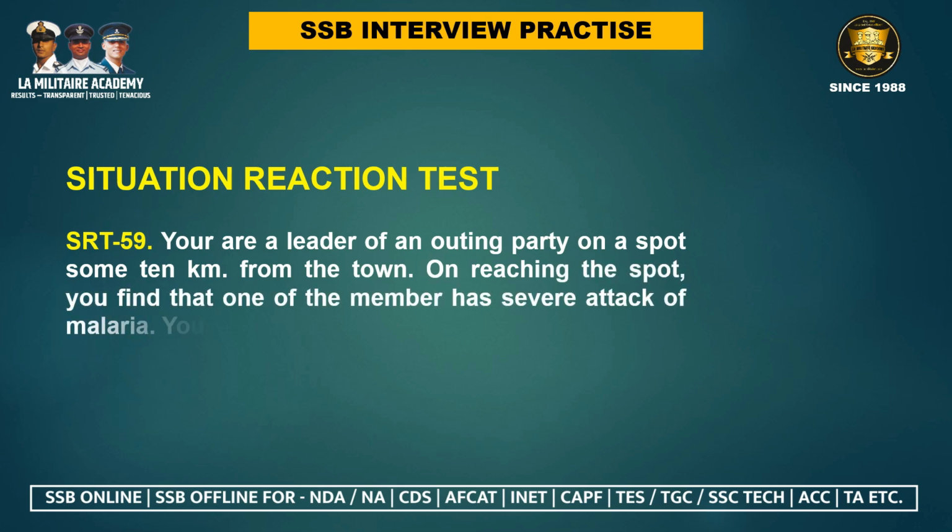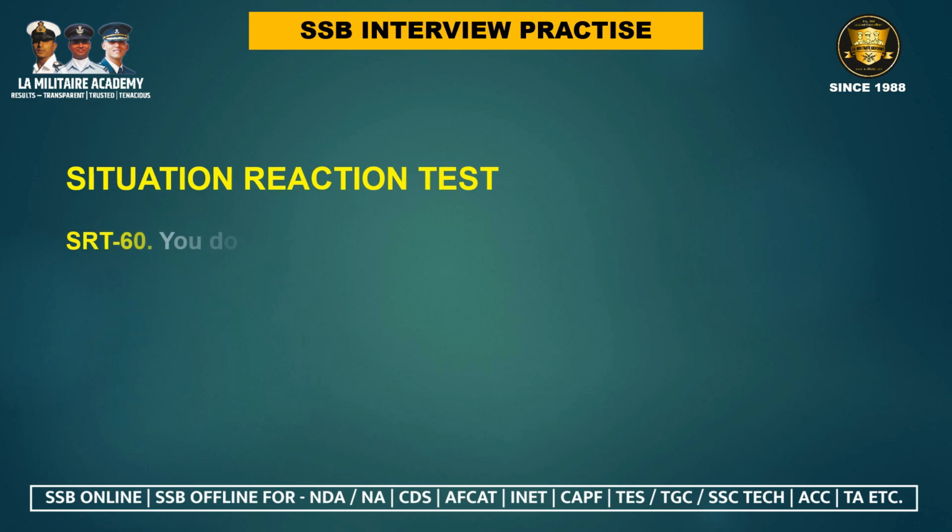You are a leader of an outing party on a spot some 10 km from the town. On reaching the spot, you find that one of the members has a severe attack of malaria. You will. SRT 60. You do not like to play because.